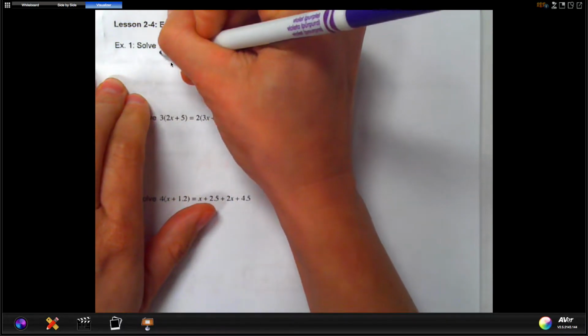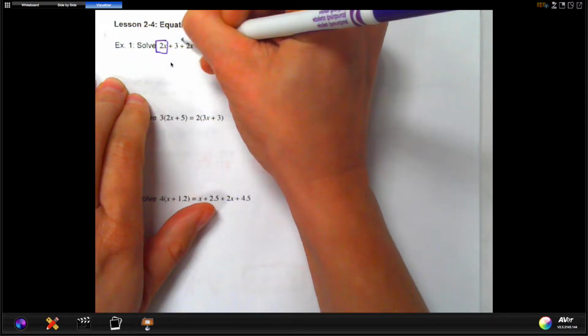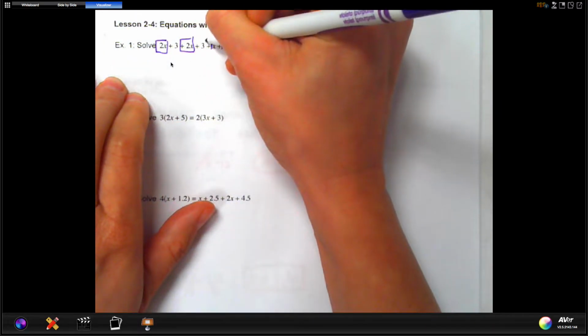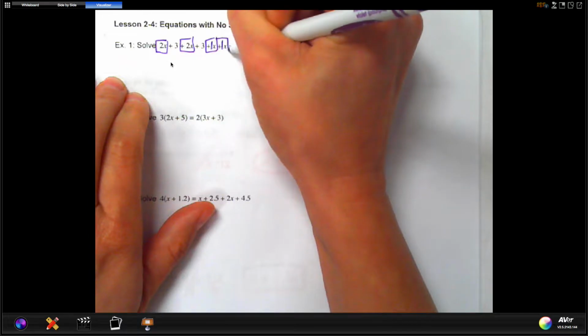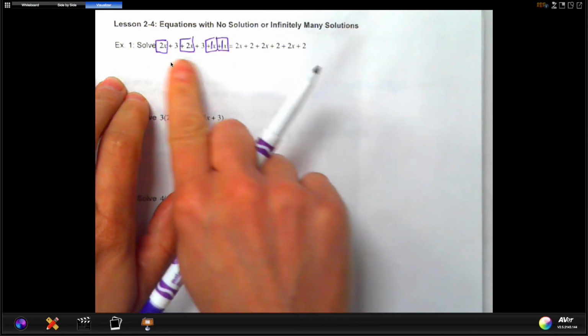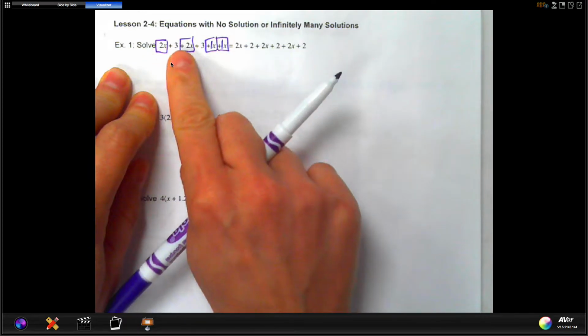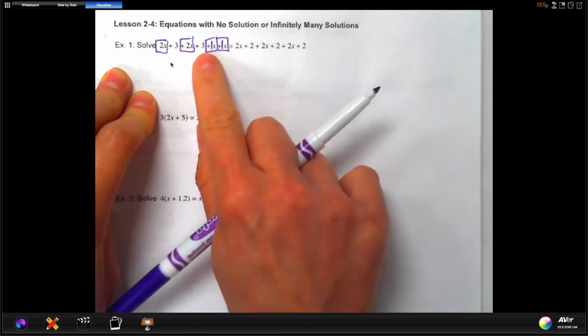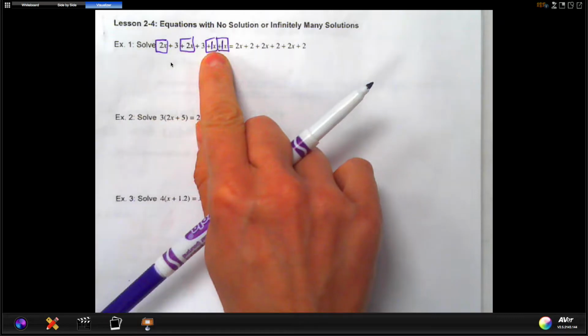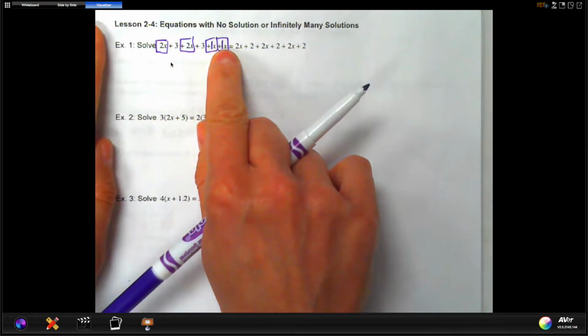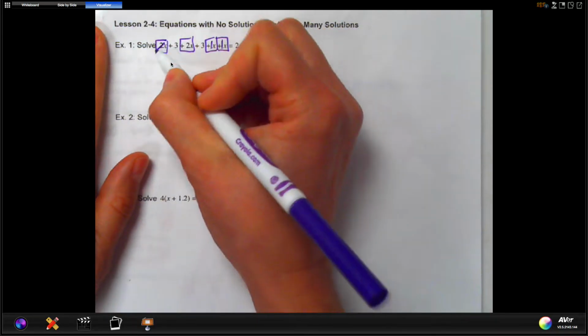So let's start with our 2x here, our positive 2x here, our positive 1x, and another positive 1x. So these can all go together since they're like terms. So 2x plus 2x is 4x, plus another x is 5x, plus another 1x is 6x. So if we put them all together, on this side we have 6x.